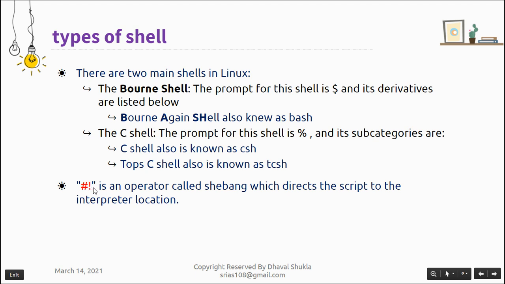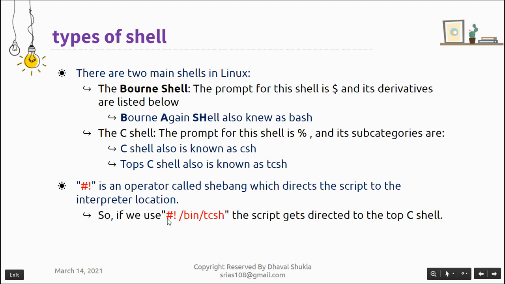When we run or execute the script, the shell needs to know in context to which flavor we have written this program. For that we need to declare it at the first line, and that is called the shebang operator. We need to give the path of that interpreter location, whether the script is written in the bash flavor, csh flavor or tcsh flavor, and pass it as an argument along with this operator.